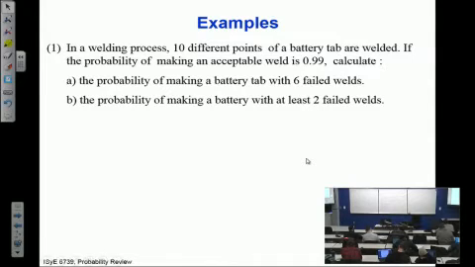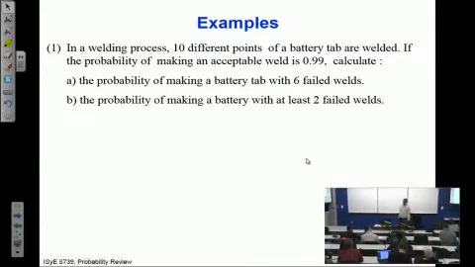So the key point is the word at least. What we want to calculate here is the probability of making a battery tab with at least 2 failed welds.